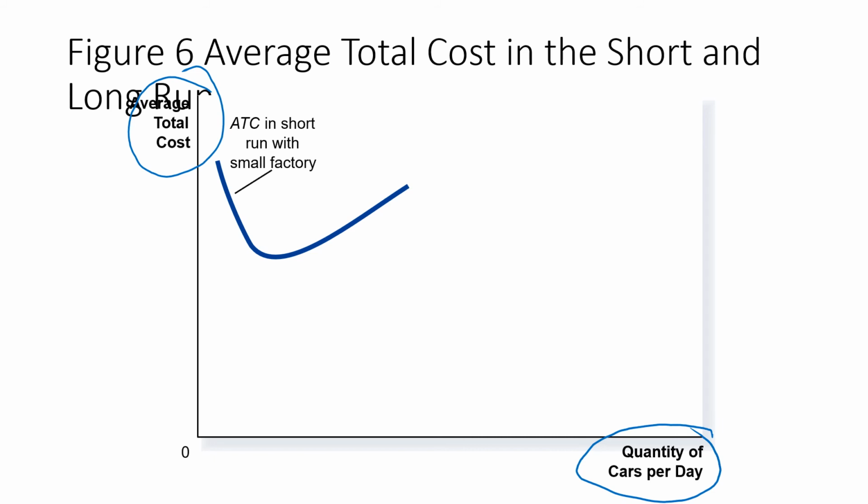So in the short run, we know that the average total cost is a U shape, and we have graphed that.